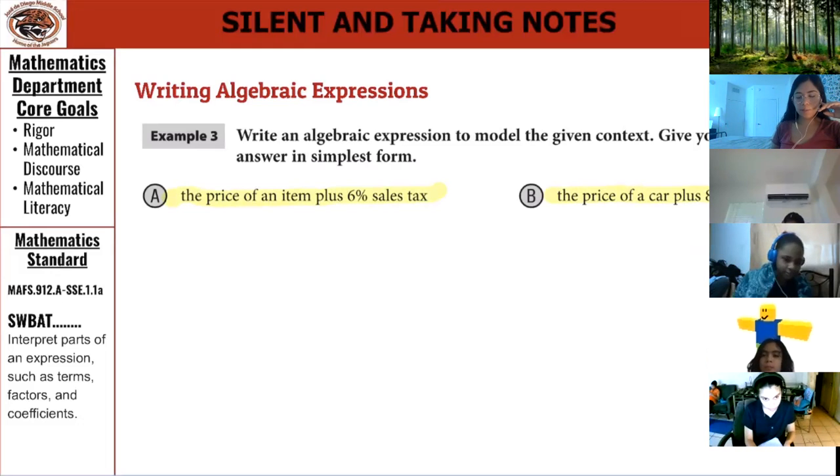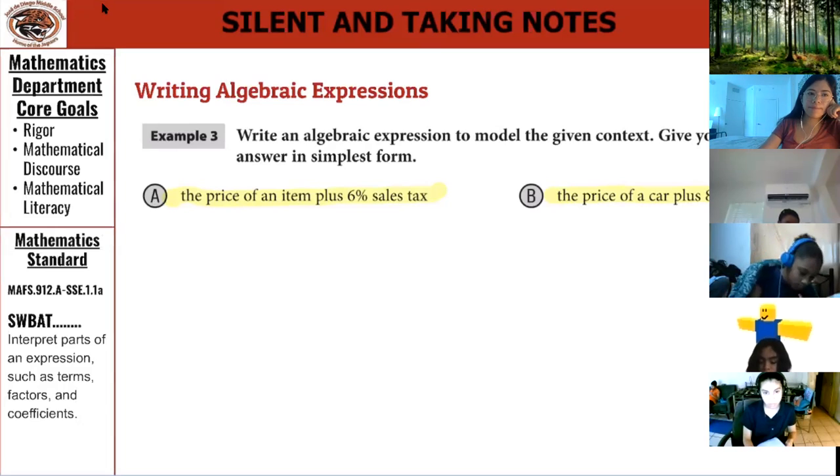And we're going to write an expression based on these problems. Do we write A or B?